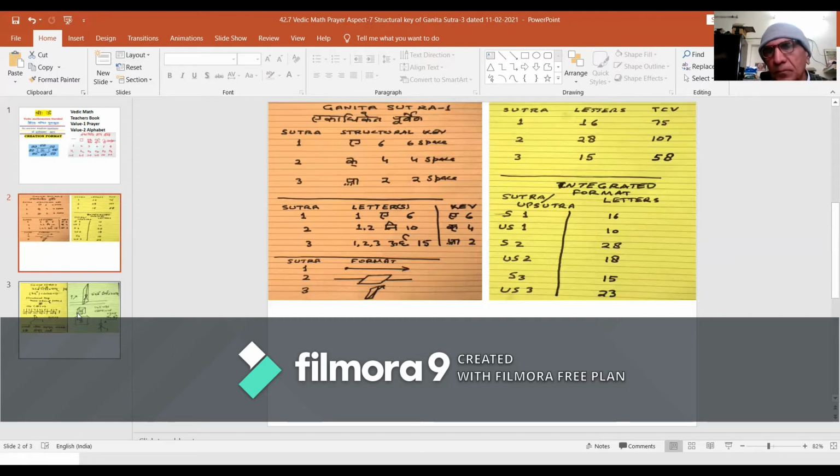Now, a step ahead, the third letter of the text of Ganita Sutra 1, Ekadiken Purvain, is O. It is of TC value 2. It takes us to 2 space content, 2 space bodies.